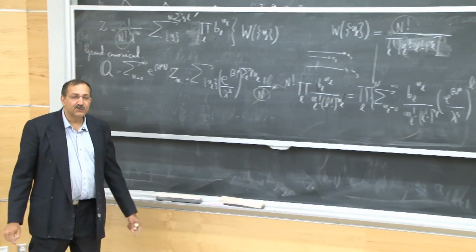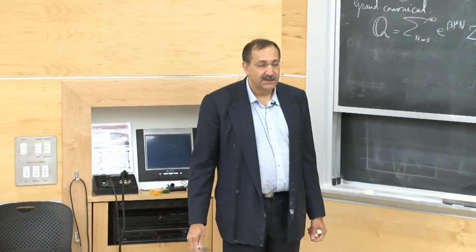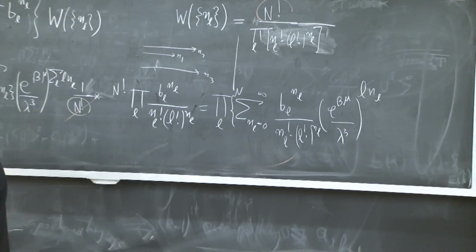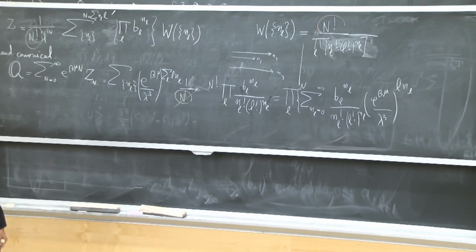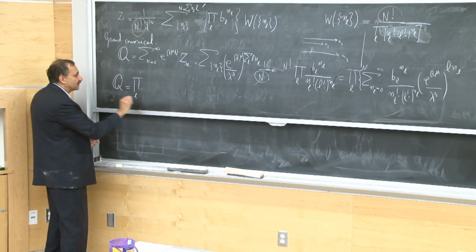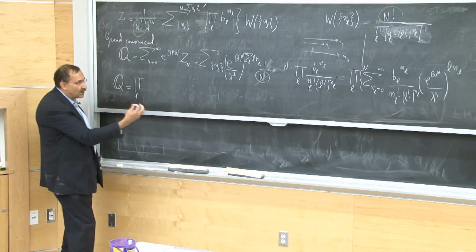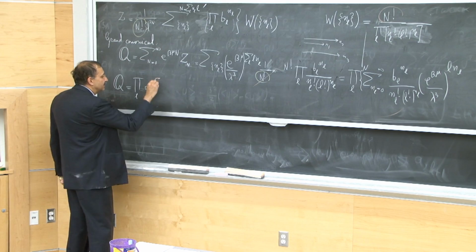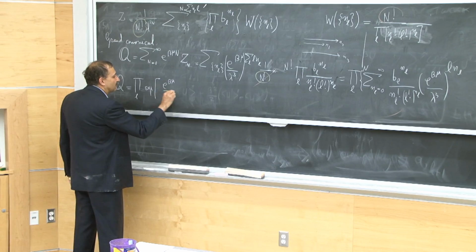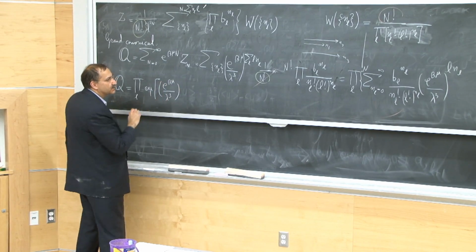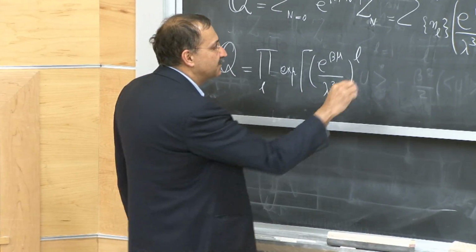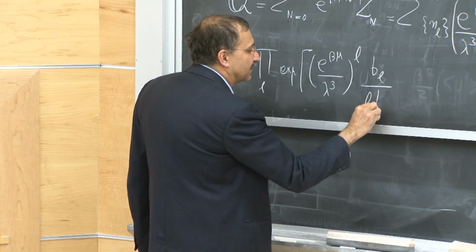I recognize that each one of these terms in the sum is 1 over nL factorial times something raised to the power of nL, which is the definition of the exponential. So my Q is a product over all L's. Once I exponentiate, I have bL, e to the beta mu over lambda cubed raised to the power of L, divided by L factorial.